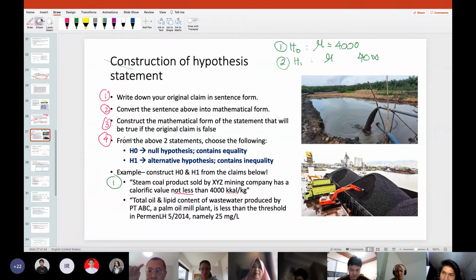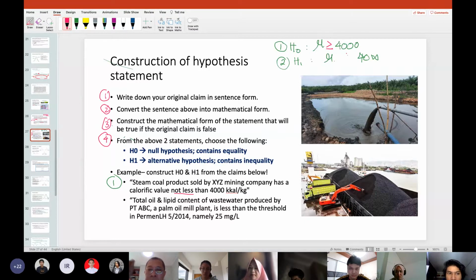Now, if that claim is not true, then the statement that will become true is its logical complement. So if the company's claim is wrong, then the complement becomes true, which is mu what?